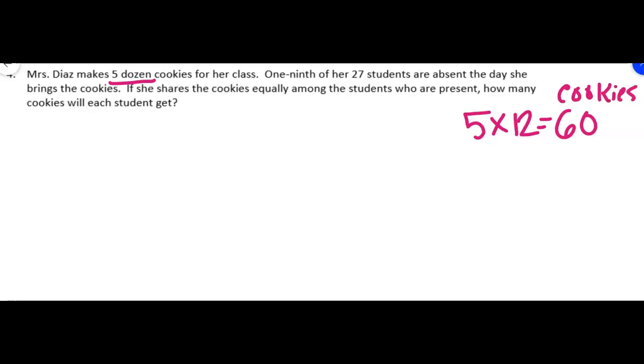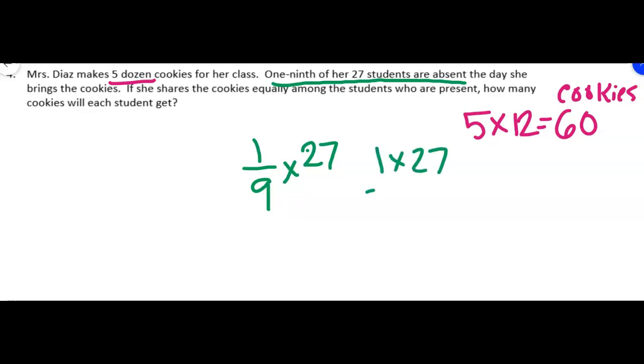The next thing I'm looking at is that it says that 1/9 of 27 students are absent. Well, what is 1/9 of 27 students? Let me think. So 1 times 27 over 9. Can I cross cancel? Does 9 go into 27? Yes, it does.